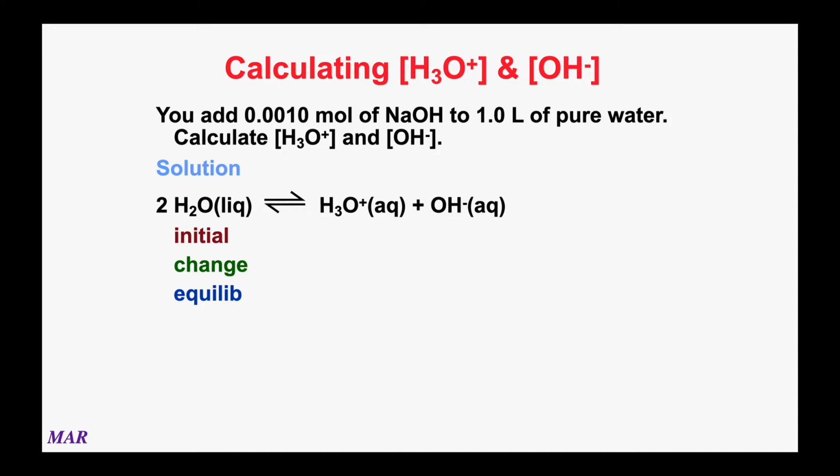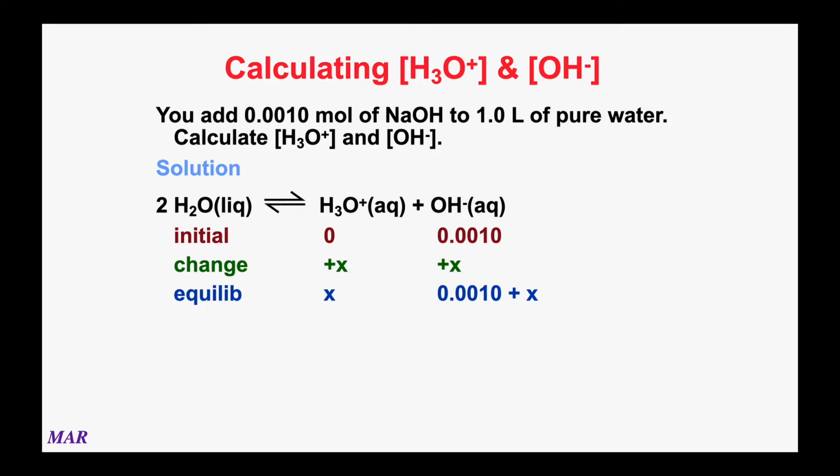We don't need the water because liquids and solids are exempt from equilibrium expressions, but of course we do need hydronium and hydroxide. So the way I would do this is to think about the hydroxide as initially we've got 0.0010 moles per liter going in, and the hydronium initially is 0. Now, in the Kw expression, hydronium and hydroxide will be non-zero numbers, and as the water breaks down, it will make x amount of hydronium and x amount of hydroxide.